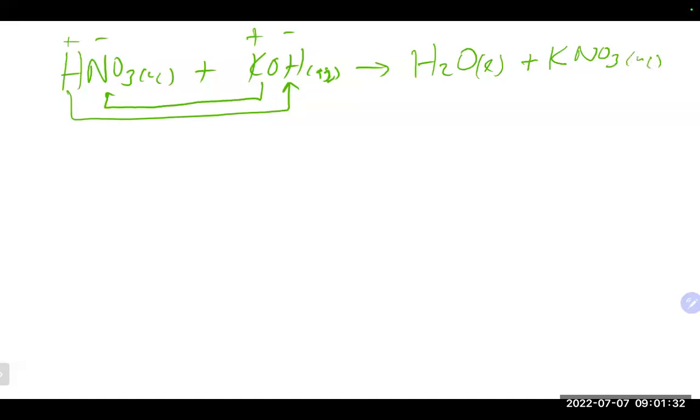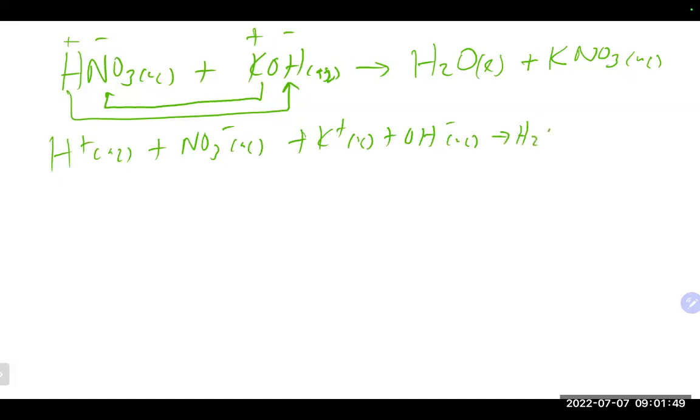And once again, that would be our balanced molecular equation. Going through our total ionic equation here, H plus and NO3 minus will break apart, and K plus and OH minus will break apart. Water will stay together because it's a liquid, and our K plus and our NO3 minus will break apart.